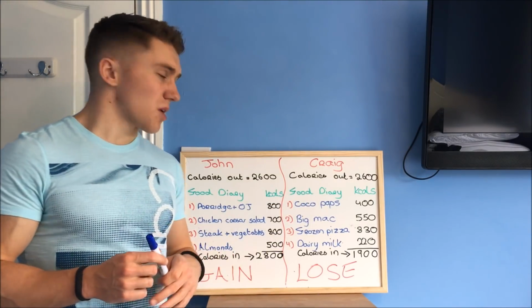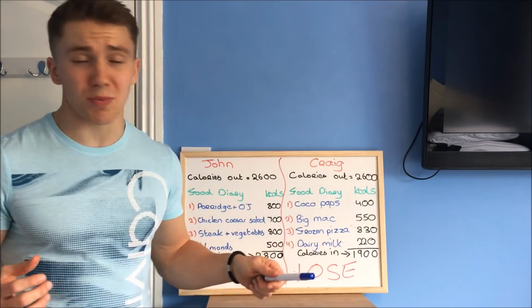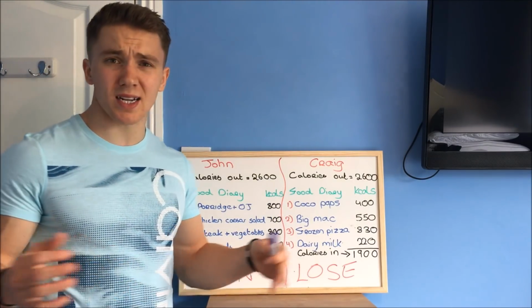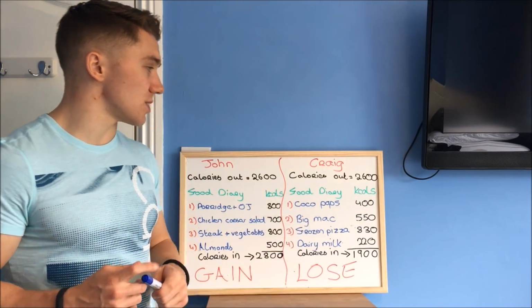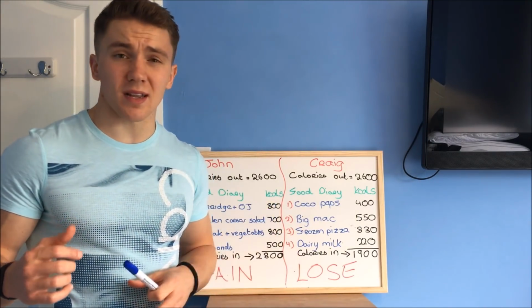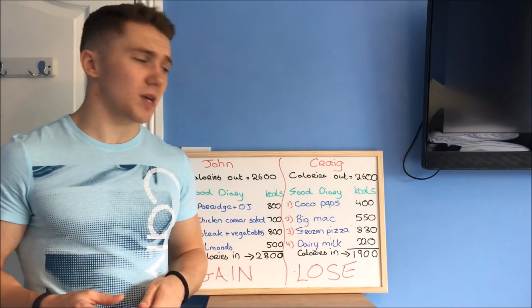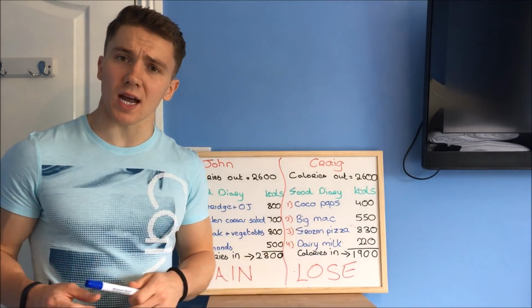So for breakfast, Craig gets up late. He usually just couldn't be arsed in the morning, so he pours himself a bowl of Cocoa Pops and eats that. 400 calories. For lunch, Craig doesn't really food prep or anything like that, so he just goes into McDonald's, orders himself a Big Mac, 550 calories.